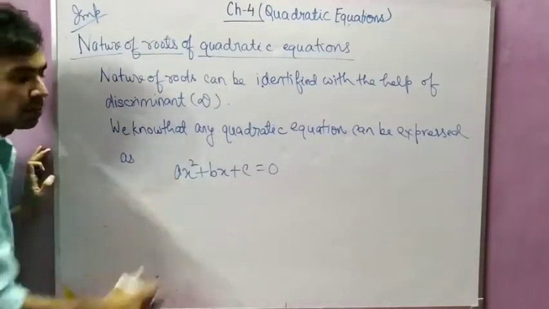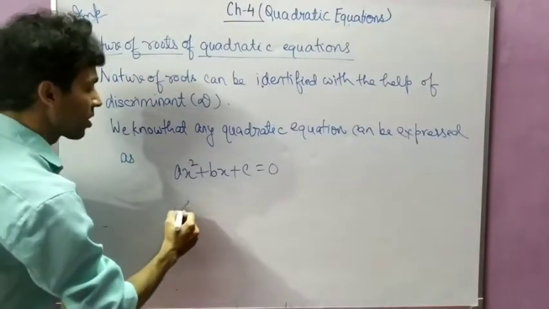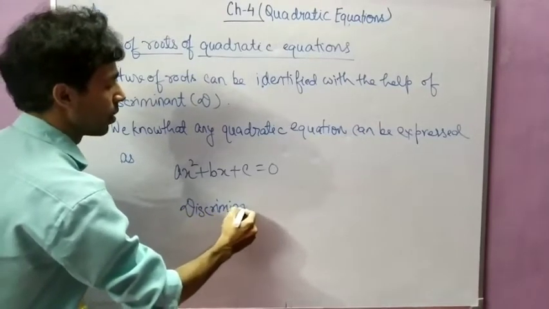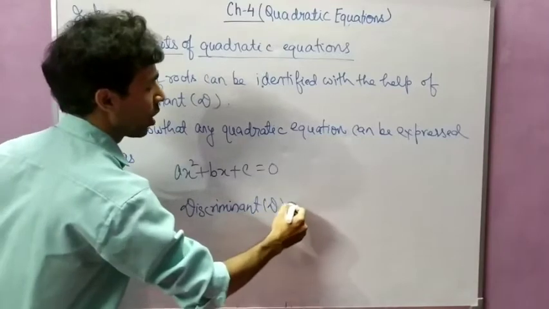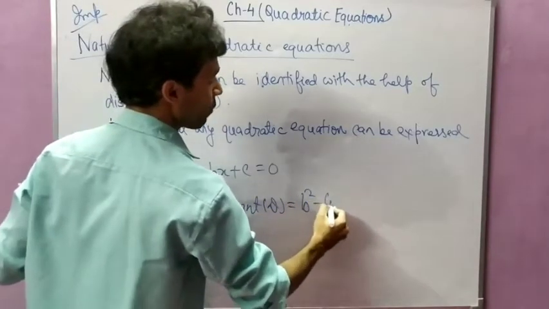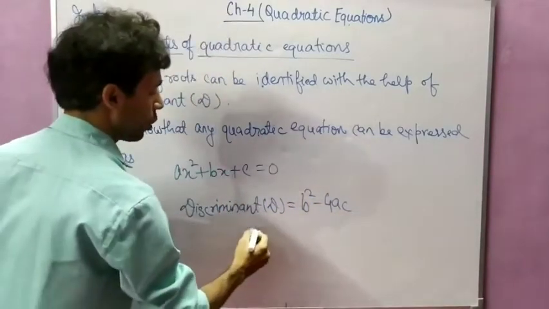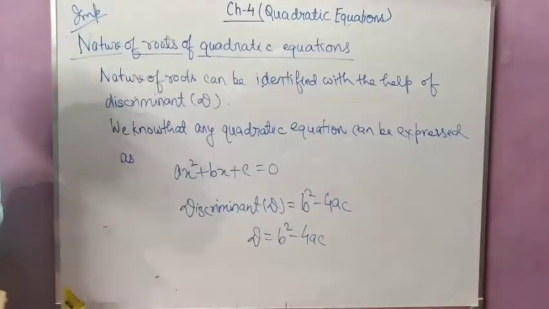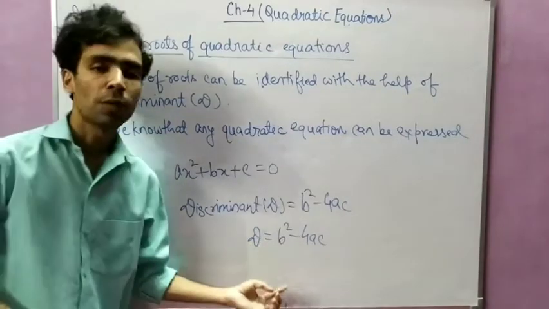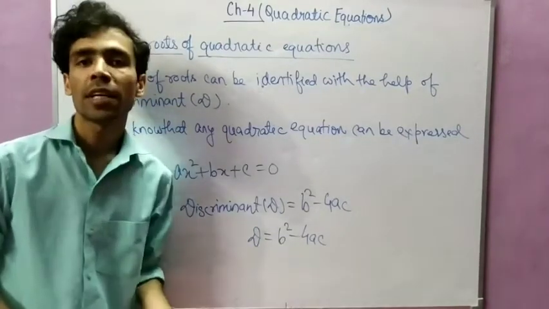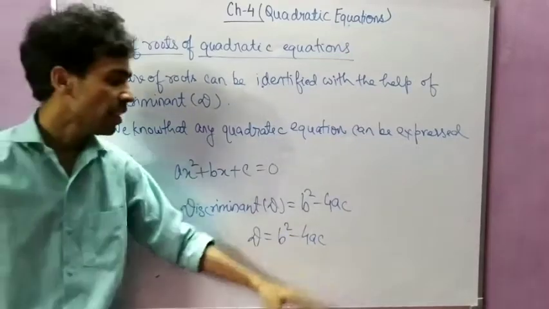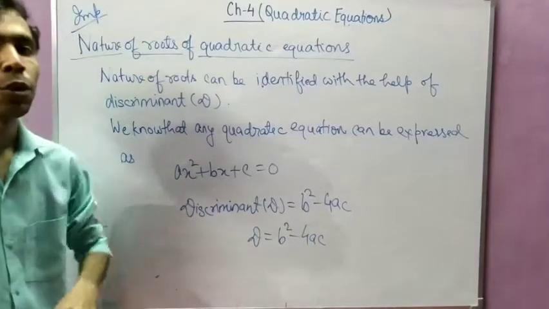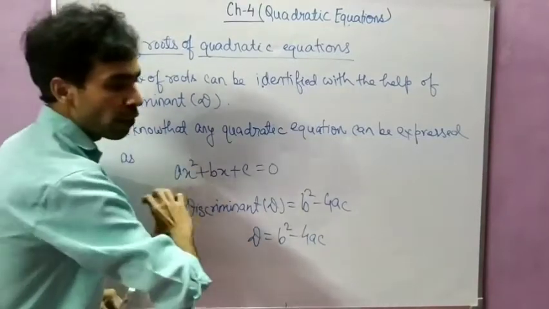And in this, what is the discriminant? The discriminant, that is D, is equal to how much? B square minus 4ac. This is the value of the discriminant, which can be calculated by the formula B square minus 4ac. And a, b and c are real numbers, the coefficients. I told you when I taught the general form of quadratic equations.